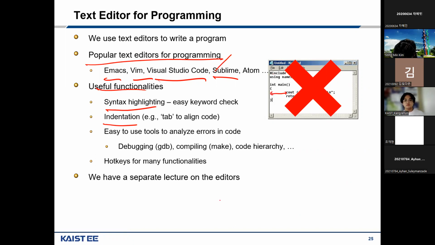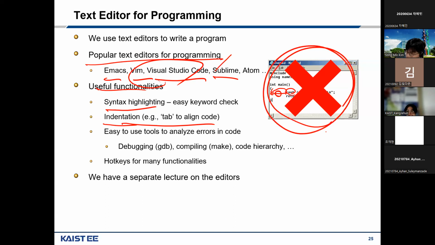Instead of putting the code right here, we put a large space, so that it's easier to read. These are called indenting, and that is done automatically in these software, but not in Notepad, right?